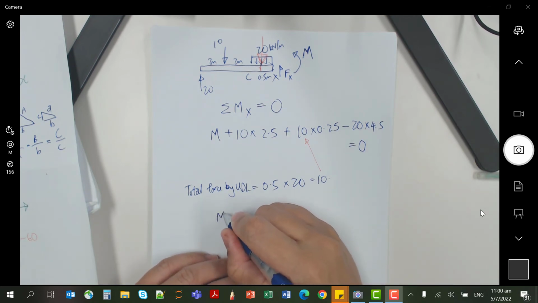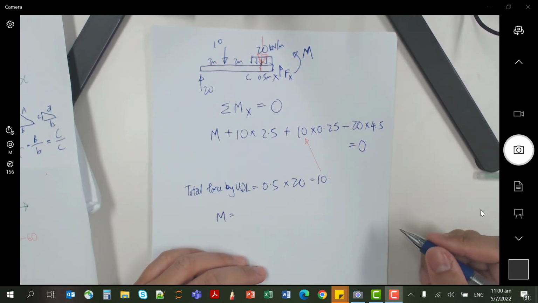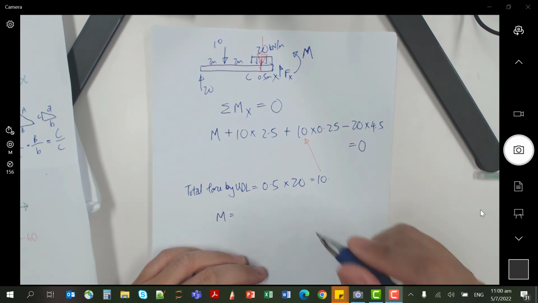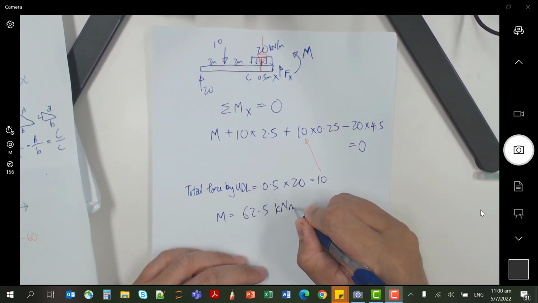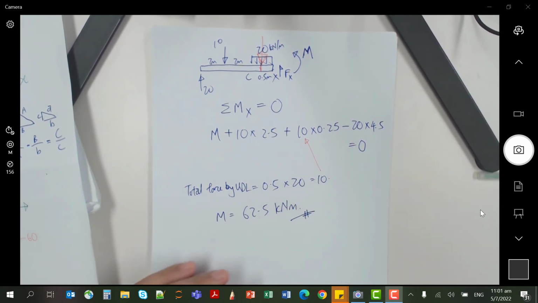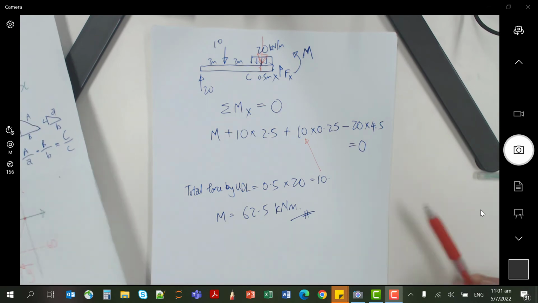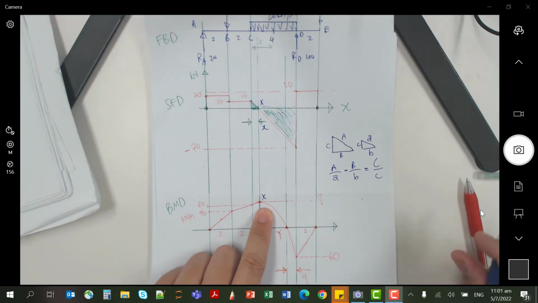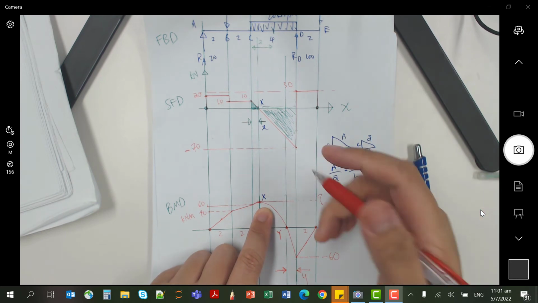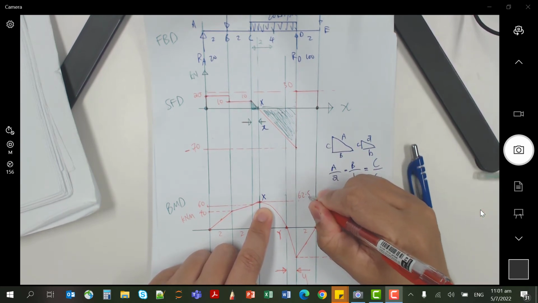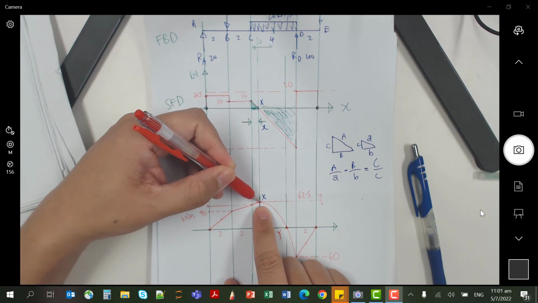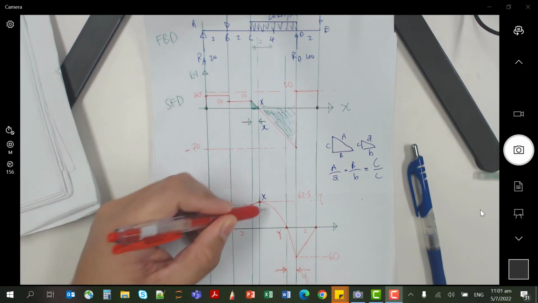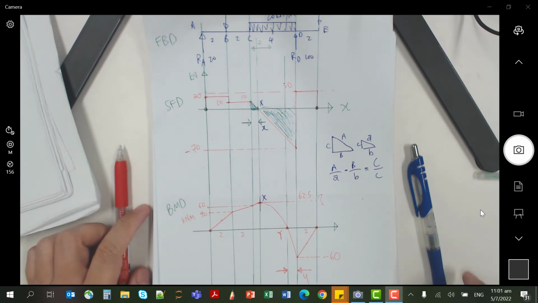From here you can find M, which will give you 62.5 kilonewton meters. So the maximum point here is 62.5. From 60, it only climbs up by 2.5 to hit the maximum, then it starts to decrease already.